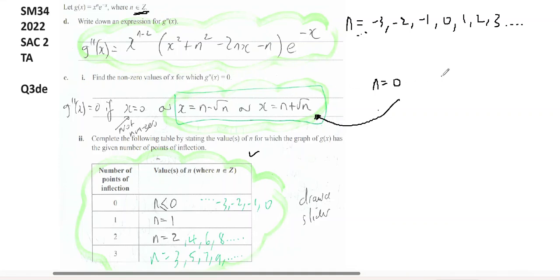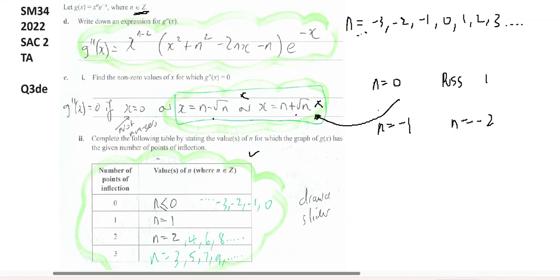There's only going to be the possibility of one answer, but that's if when n equals 0, it is a point of inflection. If n was equal to -1, then that doesn't exist, and I only have that answer. When n equals -2, that doesn't exist, etc.